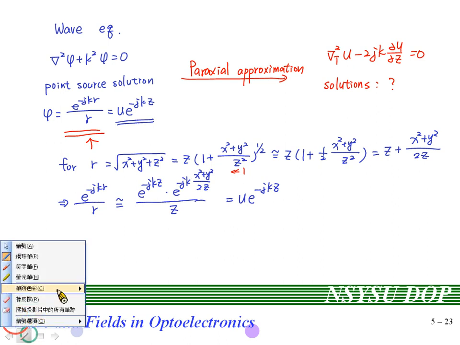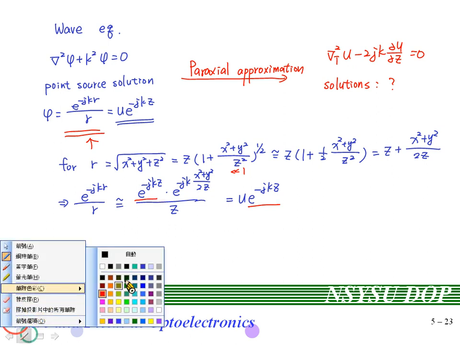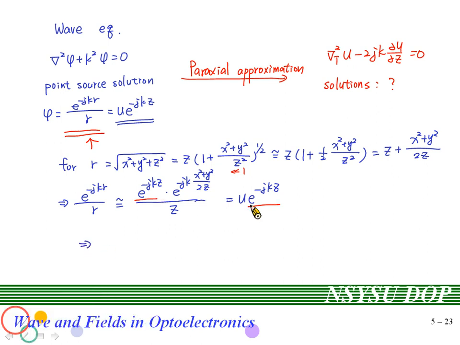You can find the common term shown here, right? So, it will give us that u should be exponential minus jk (x squared plus y squared) over 2z, divided by z.